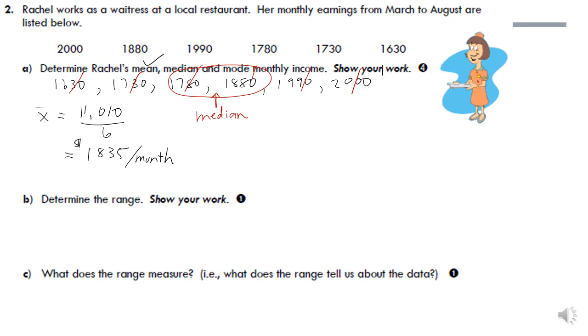So we want to figure out what's halfway between 1780 and 1880. Remember, to do this, basically you're finding the average of two numbers. So add them together. Since it's the review, I'll show all the steps. And divide by 2.